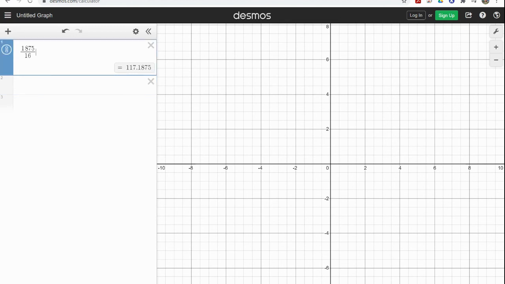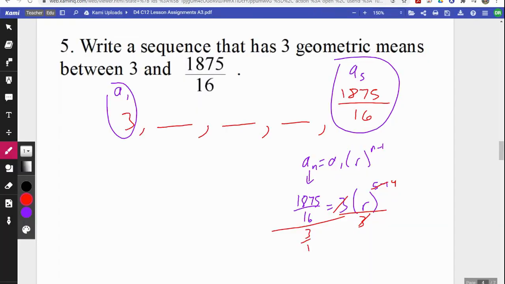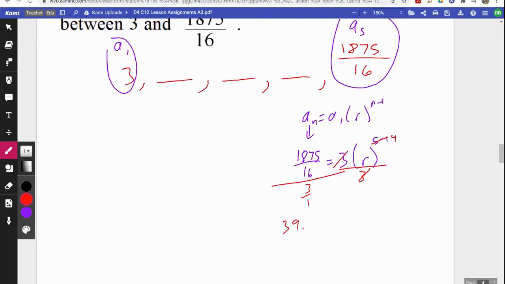And then I could also further this along and just say divide this by 3. And it ends up being 39.0625. And that is r to the 4th power. So we don't have r, we have r to the 4th.